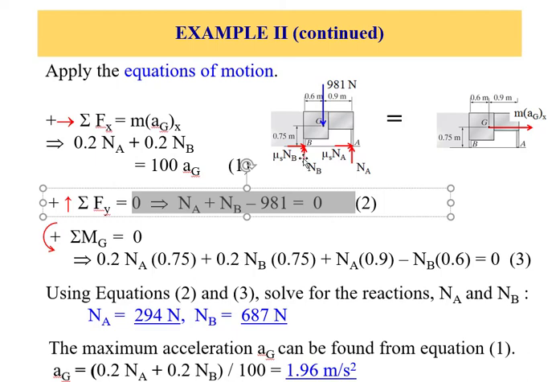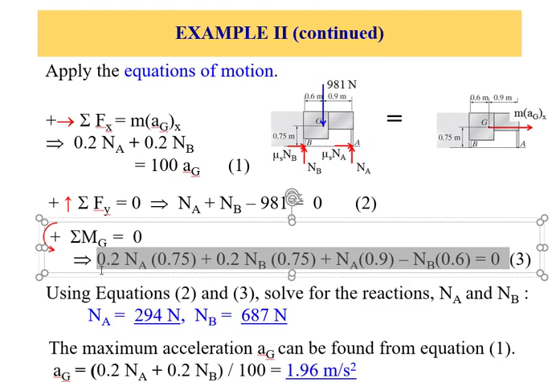Also, the moment of NA and the moment of the other reactions. So overall you get that equation by carefully calculating the moment about G for these four forces.